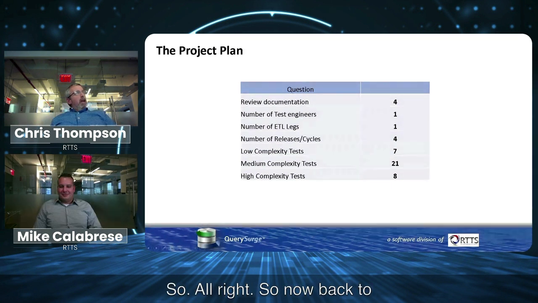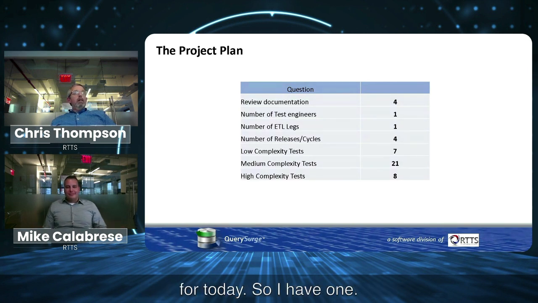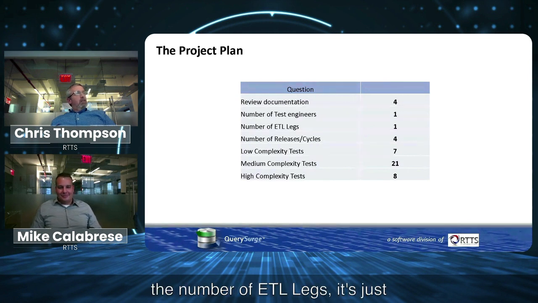So, all right, now back to creating the project plan. We now have some of the numbers that we need. For reviewing the documentation, I'm going to put that at 4 hours. Mike's going to be the test engineer for today, so I have 1. I will be the lead. The number of ETL legs is just 1.